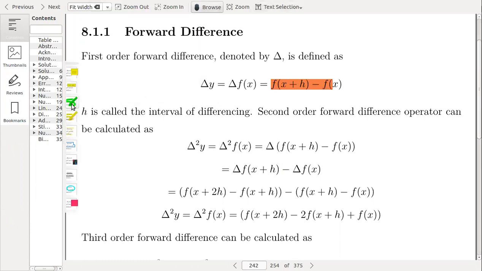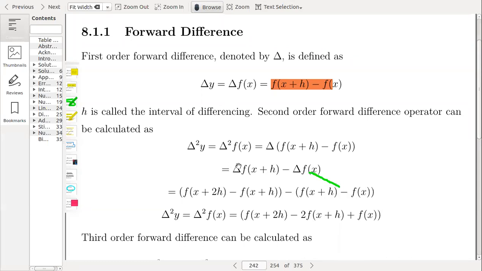So we can get help from this one, and we can write delta f of x is equal to f of x plus h minus f of x. We use a similar argument, because here x is the same as we have x here. So just replace x with x plus h, and you will get this minus f of x plus h, and then replace this x plus h with x plus 2h.